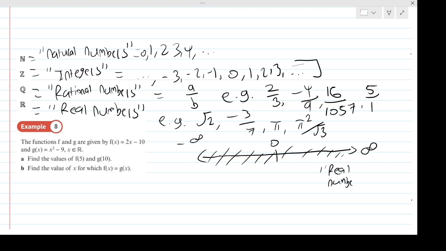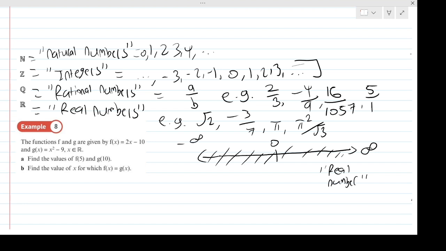Basically, it's absolutely any number you can think of. That's essentially what real numbers are. It encompasses every one of the other three lists of numbers: the natural numbers, the integers, the rational numbers, but also irrational numbers like pi and root 2 and so on. Okay, that's all there is to it.